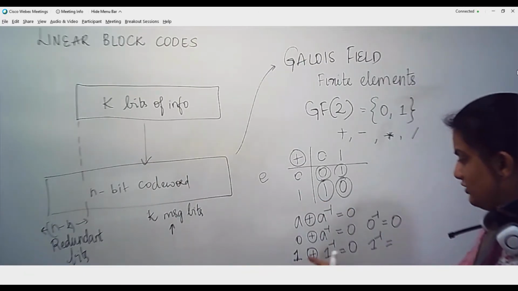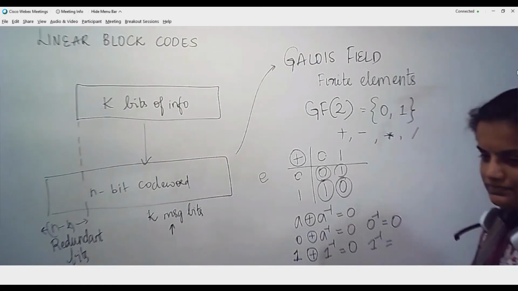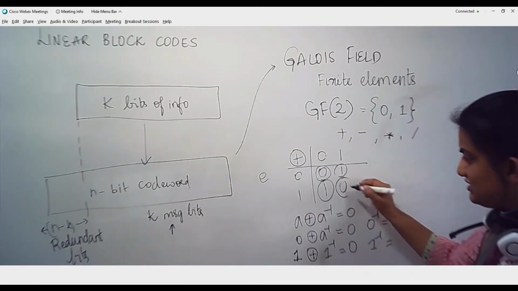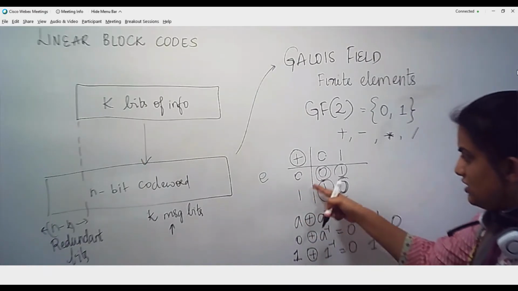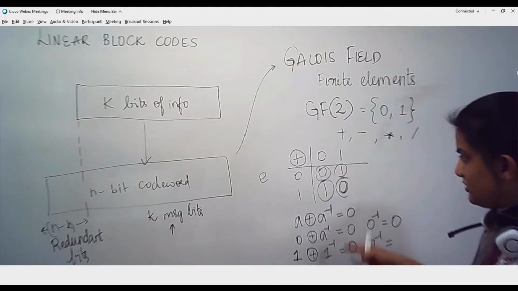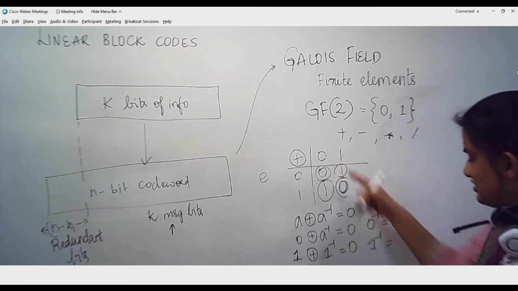If I add 1 with the inverse of 1, I should get a 0. Which is that element? Check here. The resultant is 0. One of the operands is 1. I need to find an inverse element such that I end up with the unit element, that is 0. Which is nothing but another 1.